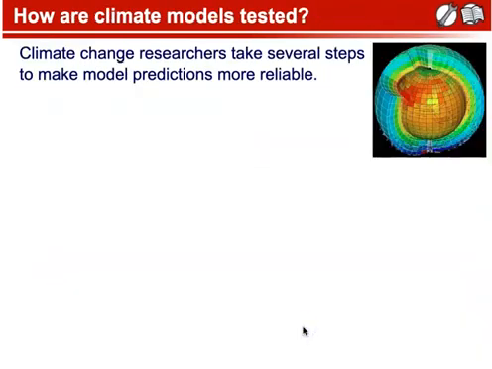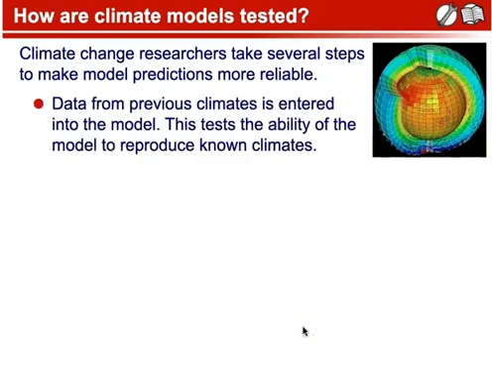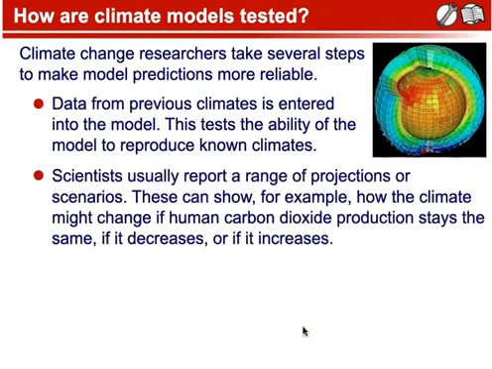How are climate models tested? Climate change researchers take several steps to make model predictions more reliable. Data from previous climates is entered into the model. This tests the ability of the model to reproduce known climates. Scientists usually report a range of projections or scenarios.